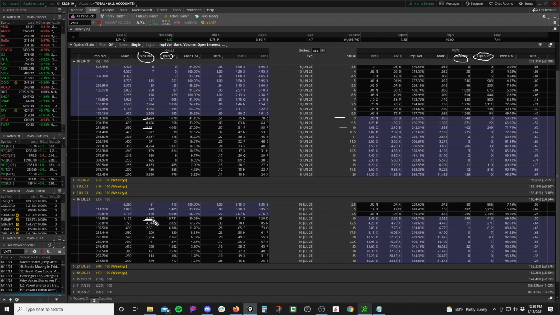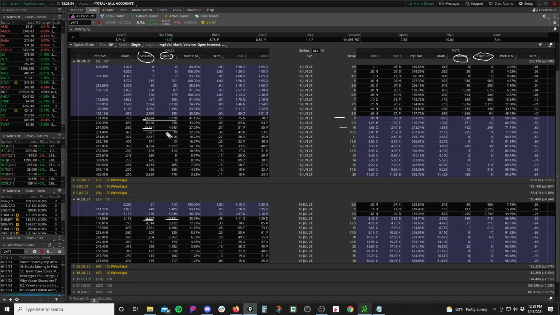But what do we see different on the monthly than what we do on the weekly? The monthly volume on this strike does not exceed open interest. Over here, they substantially exceed open interest, okay? So if I'm looking at this, and what I mentioned earlier is you can overlay this on top of your already existing strategy.